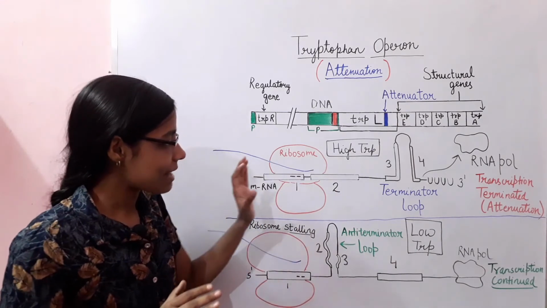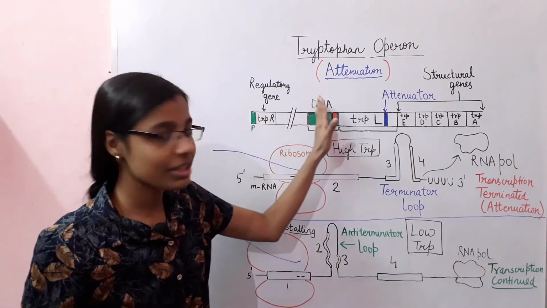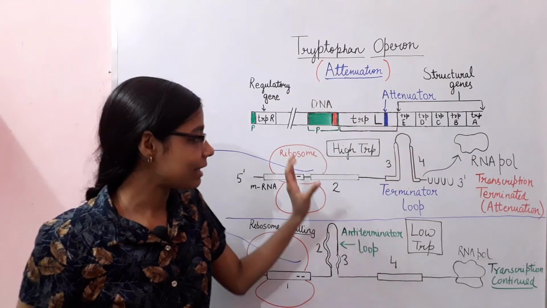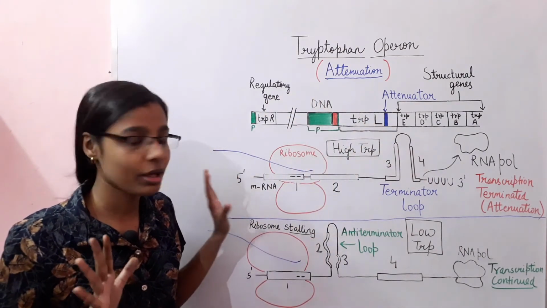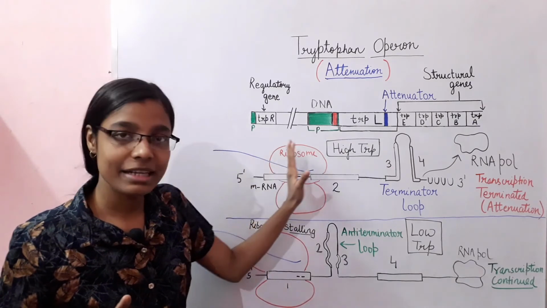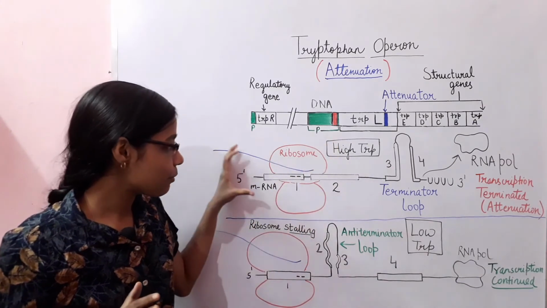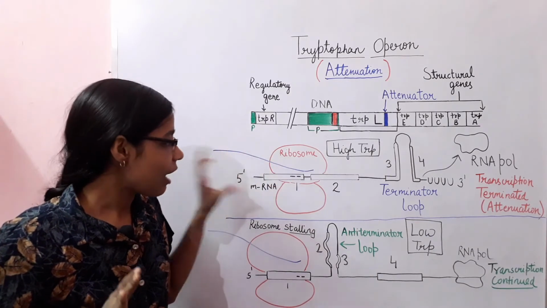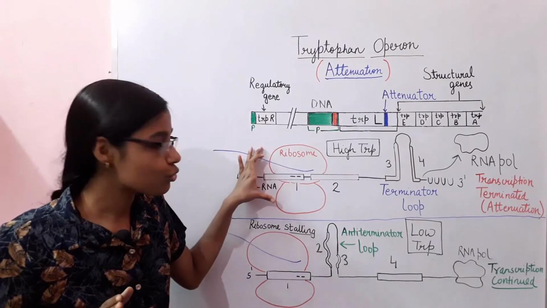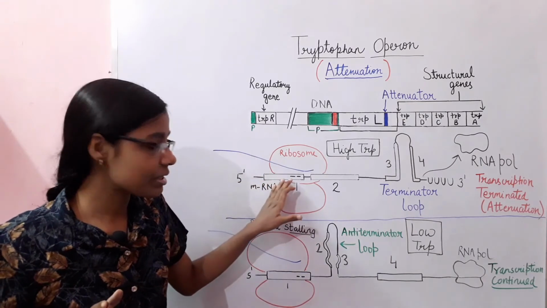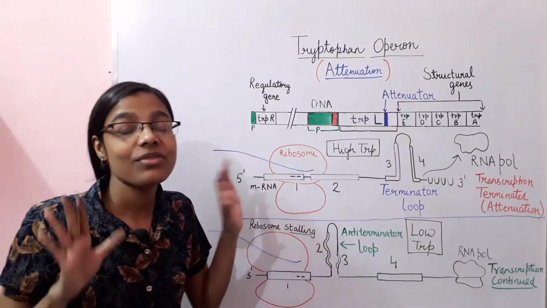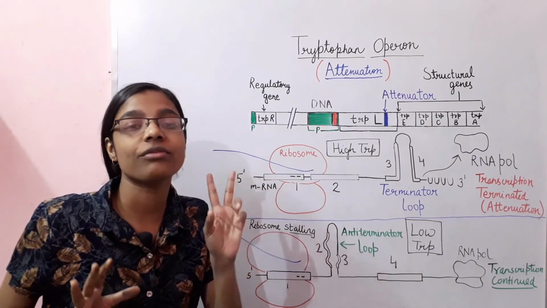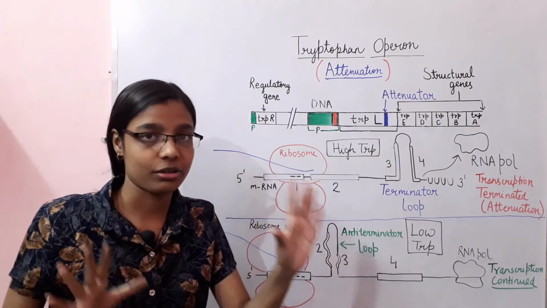Okay, so as the transcription of these genes is going on, the RNA polymerase is moving and forming this mRNA. As this mRNA is formed, the ribosome starts reading it. Now when this ribosome is near this region 1, as we have discussed earlier, the 10th and the 11th codon will encode for tryptophan.